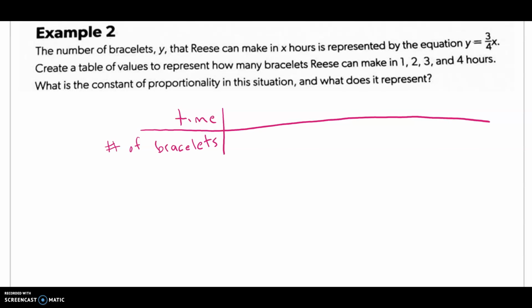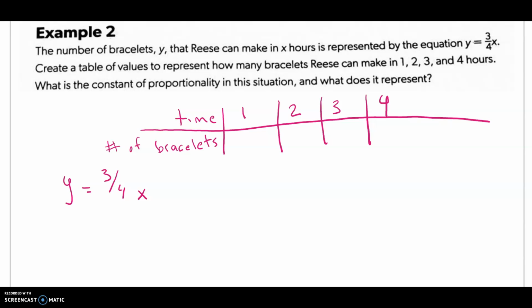The question tells us we have to figure out how many bracelets she can make in 1, 2, 3, and 4 hours. So for x, we need a 1, a 2, a 3, and a 4, because the time is in hours. Then we use our equation, y equals 3/4 x, to solve for our y values.